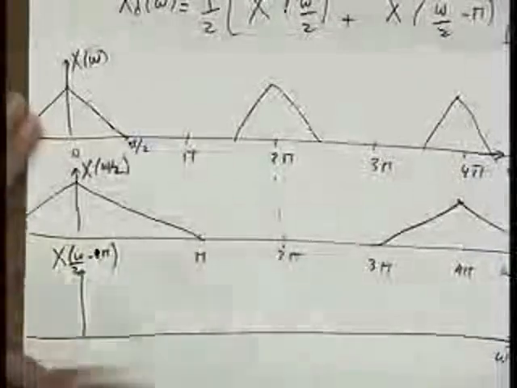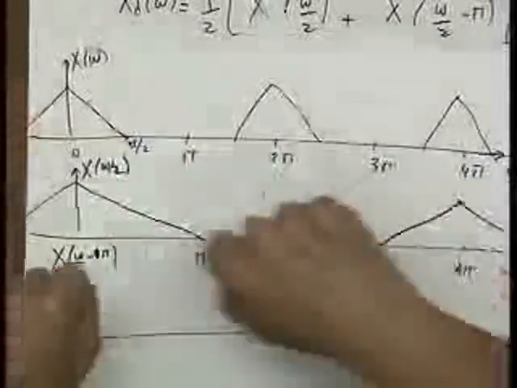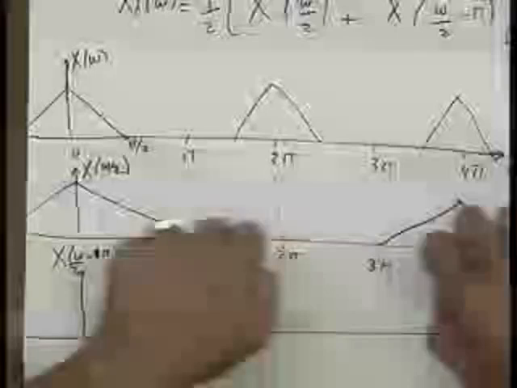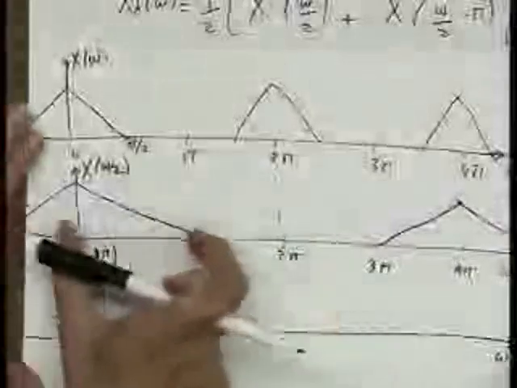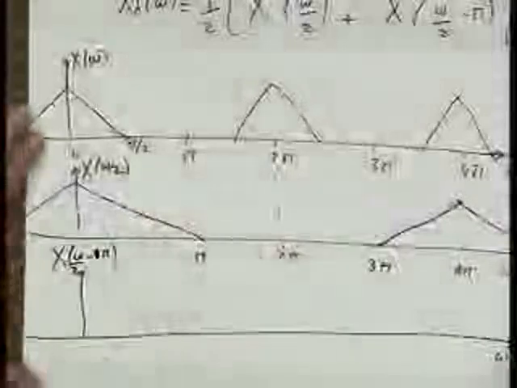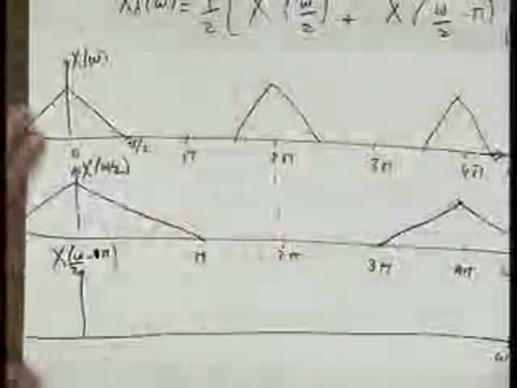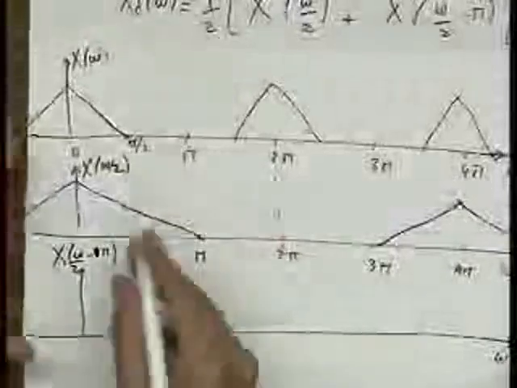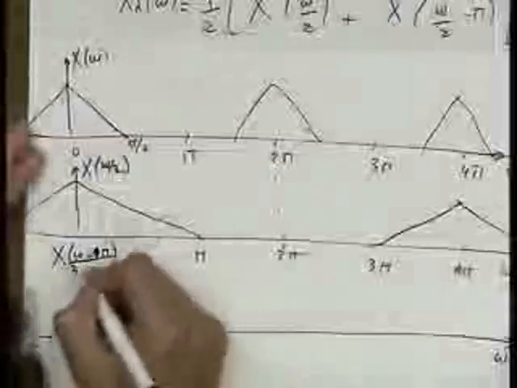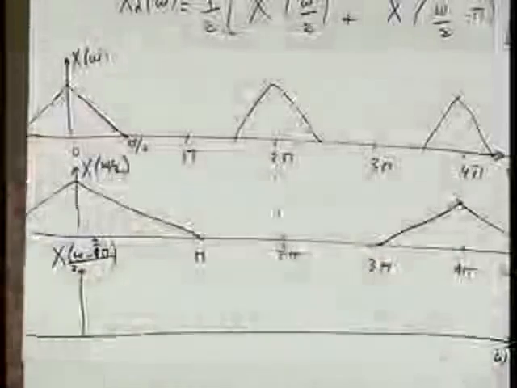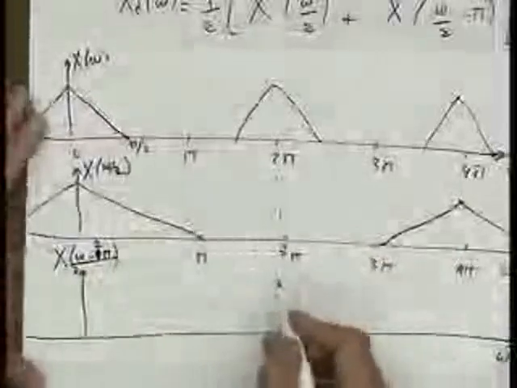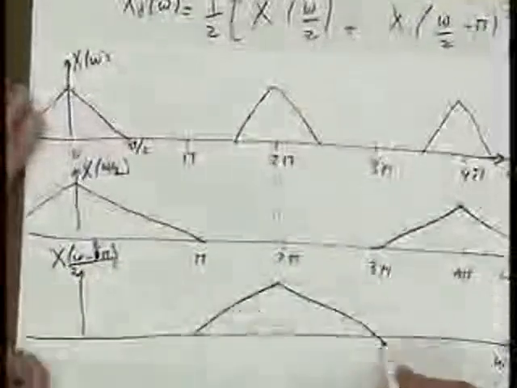And what's that? It's the same as this thing, but shifting everything just by pi to the right. So this guy just gets shifted by pi and comes here. Or rather, this is X of omega minus 2 pi over 2, so everything gets shifted by 2 pi. So it will look something like this.